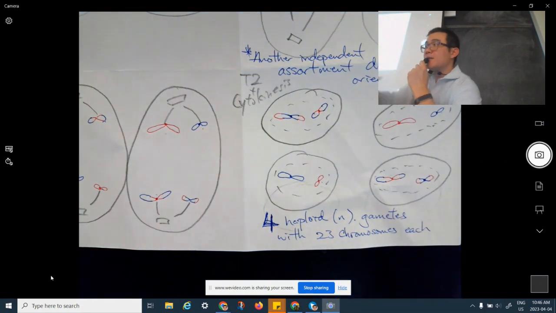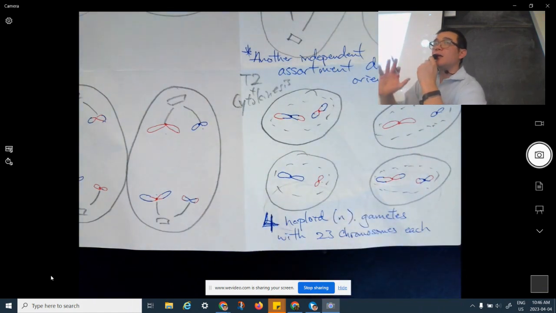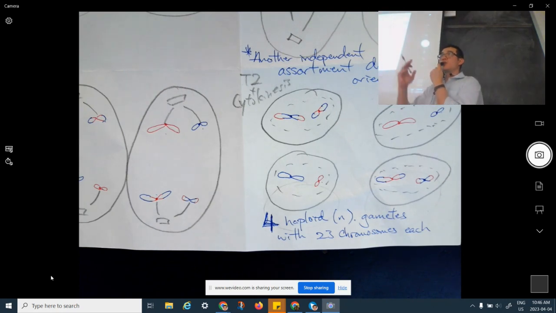So this meiosis is like one huge mechanism for providing the genetic diversity which sexual reproduction allows, because of this process. Any questions so far? No? Okay.